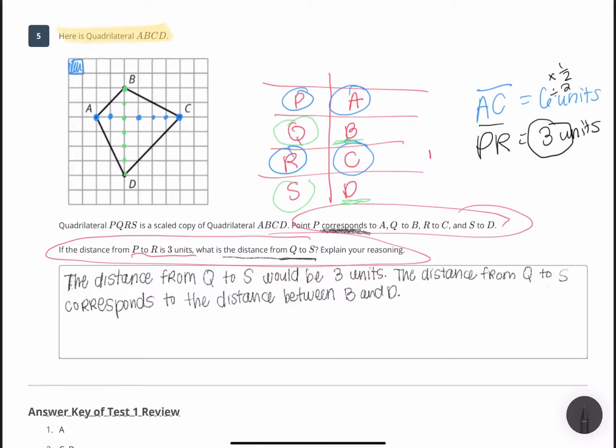And you could say that if quadrilateral PQRS is a scale copy of quadrilateral ABCD, then the scale factor would be 1/2. I know some of you are not writers, so you're just like, whoa, this is a lot.